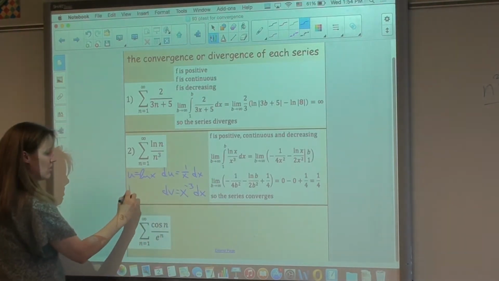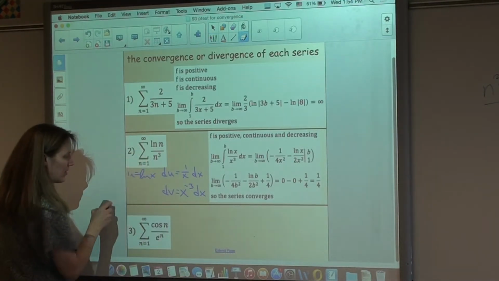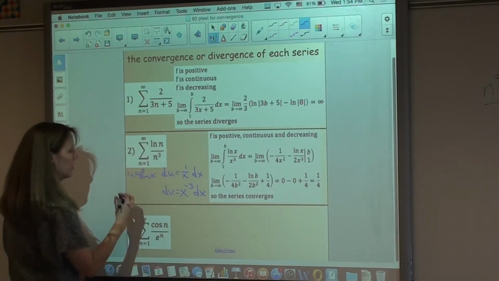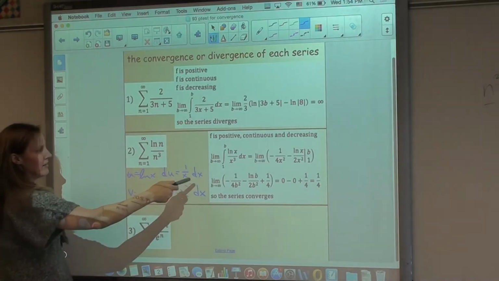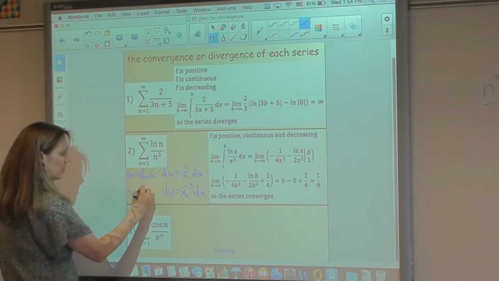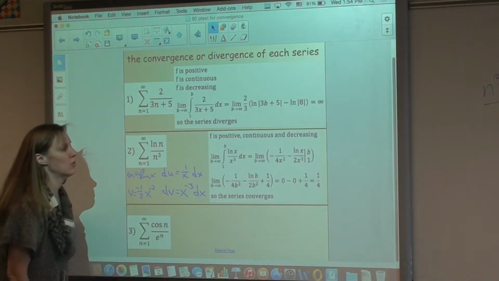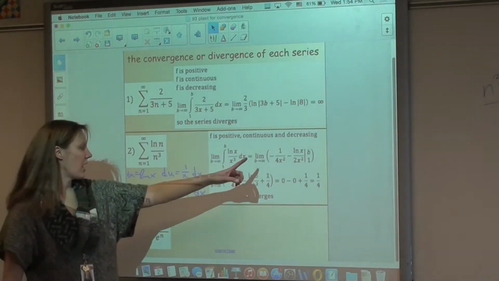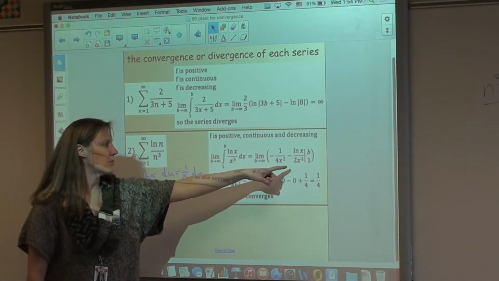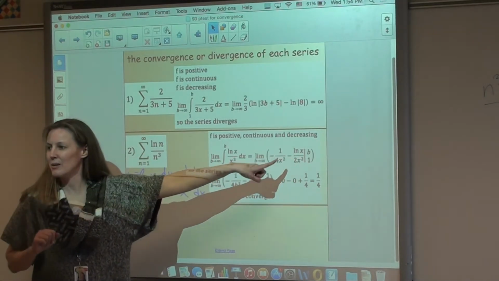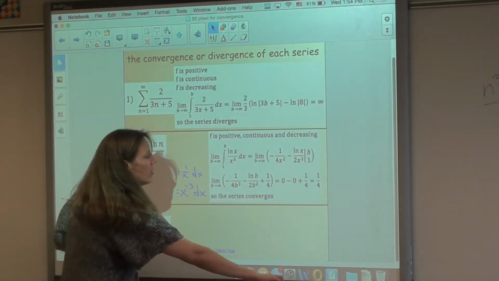So your v is negative 1/2 x to the negative 2nd. So when you're all done, you get uv minus the integral of v du. You end up with this, plug in your v, plug in your 1.